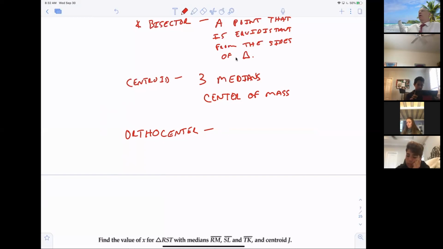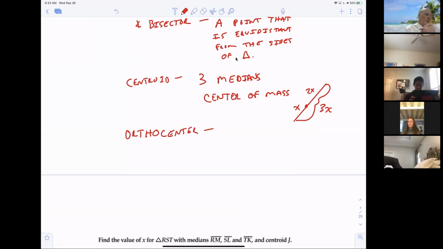I say from the point to the side is X, and from the point to the vertex is 2X, and then the median is 3X. That's how I want you to think about it. So if that's the centroid, that's X, 2X, and the median is 3X.